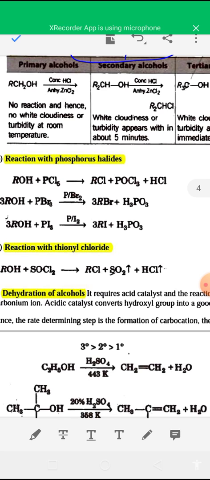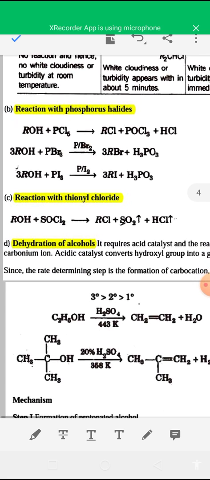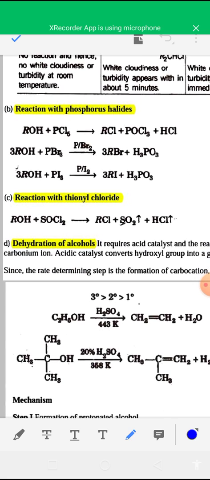Okay, now see reaction of alcohol with phosphorus halides like PCl5, PBr3, PI3. Same reactions: the OH group of alcohol will be substituted by halogen.